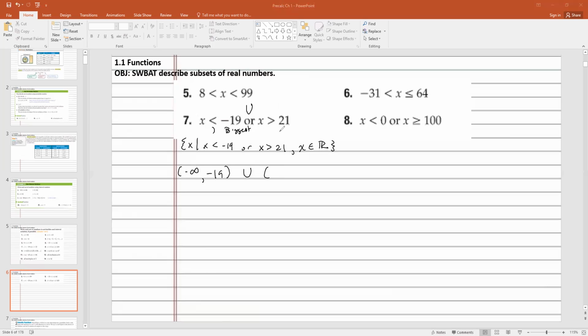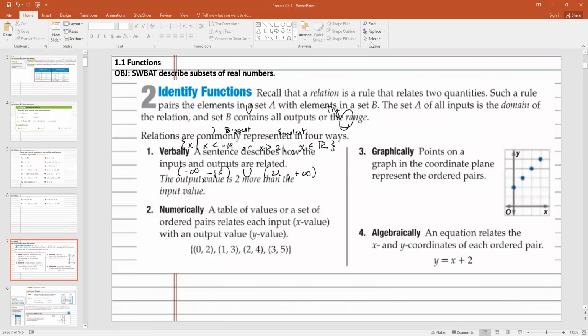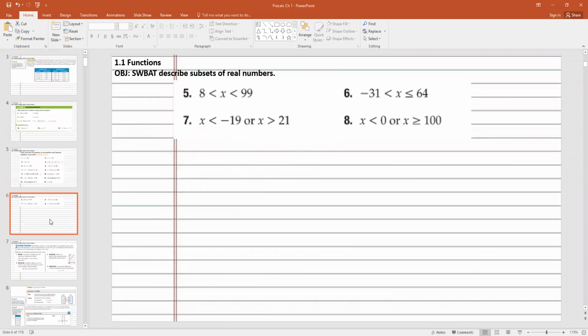So it's bigger than 21, so that means 21 is the smallest. 21, comma, and then it goes all the way to the biggest number, which is positive infinity, parentheses. And that's it. So if you want to try 8, that'd be good. And yeah, I think we'll stop there.